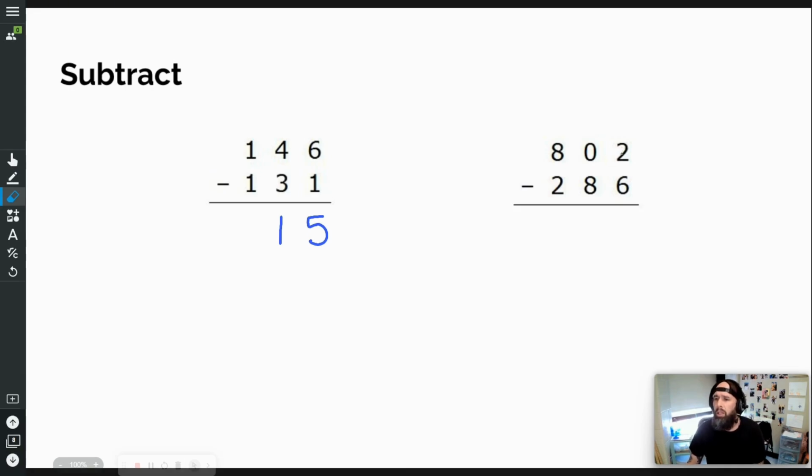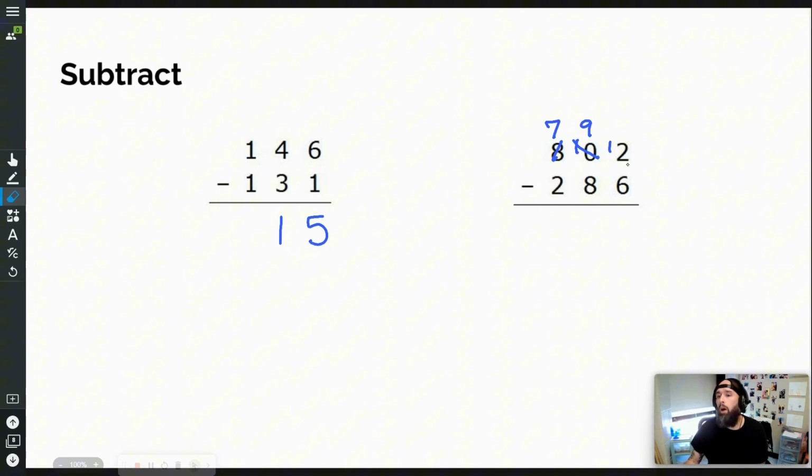All right, so we have 2 minus 6. Can't do it, so you need to borrow. You can't borrow from 0. We learned that a couple problems ago. So we need to go to the left one more time and borrow 1 from 8. Make you a 7. Now we can borrow from 10, make you a 9, and make you a 12.